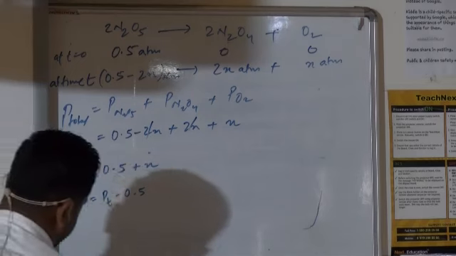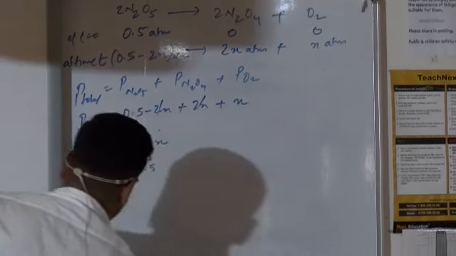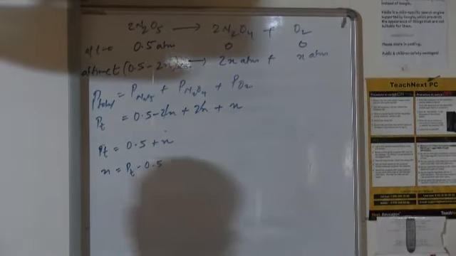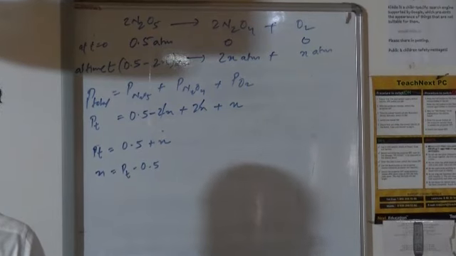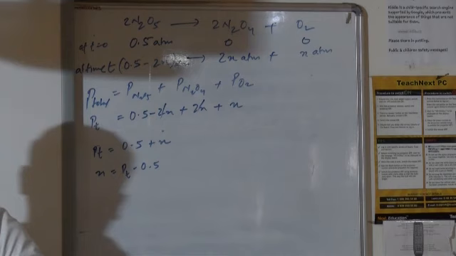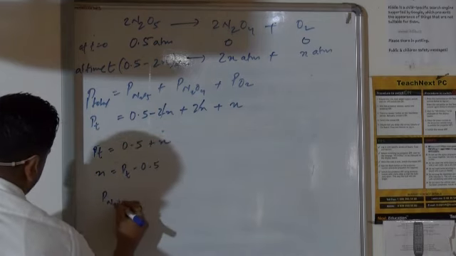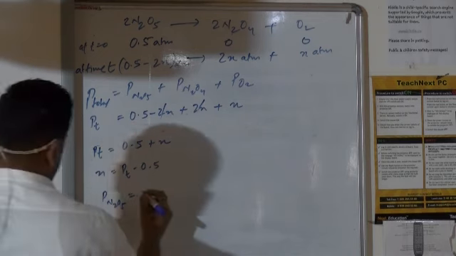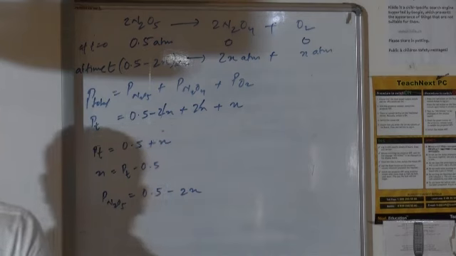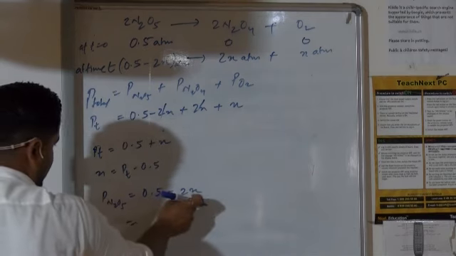Again, I'll rub this. So now, after finding x, since we know P N2O5 is 0.5 minus 2x, yes or no? So we have the value of x. Let us put the value of x here.